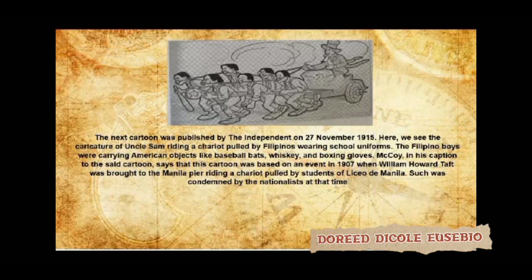McCoy, in the caption to the said cartoon, says that the cartoon was based on an event in 1907 when William Howard Taft was brought to the Manila Pier riding a chariot pulled by students of Liceo de Manila. Such was condemned by the nationalists at the time.